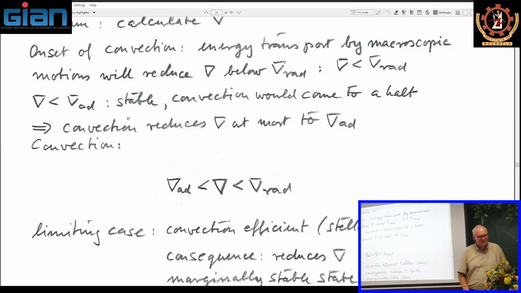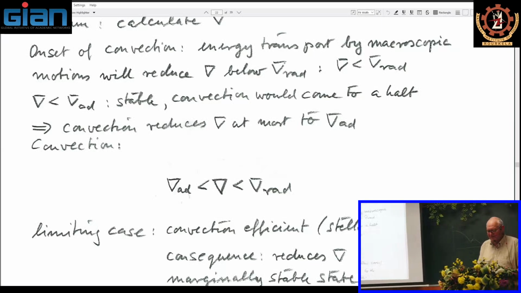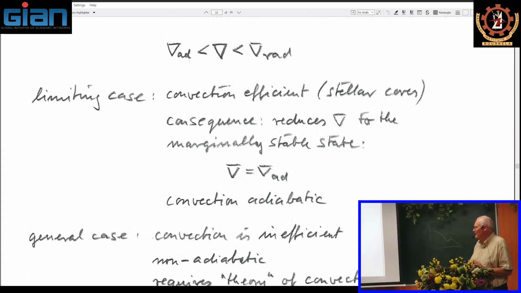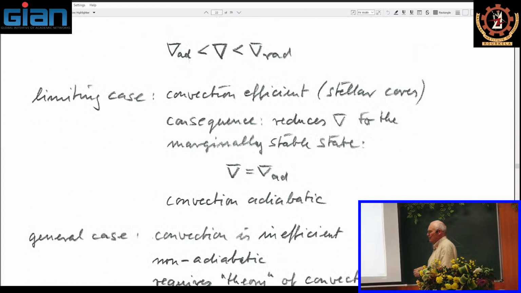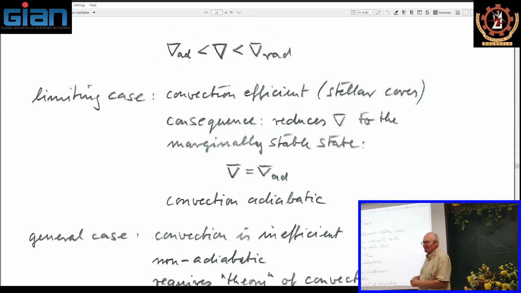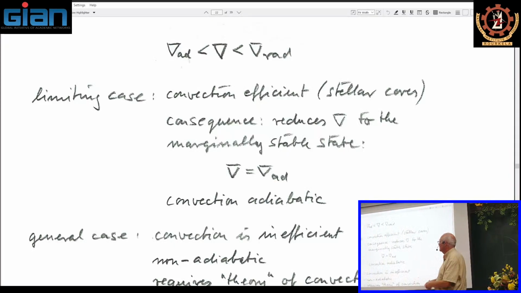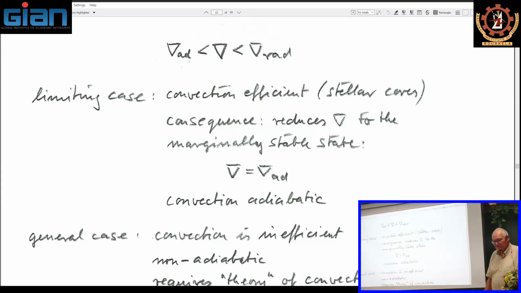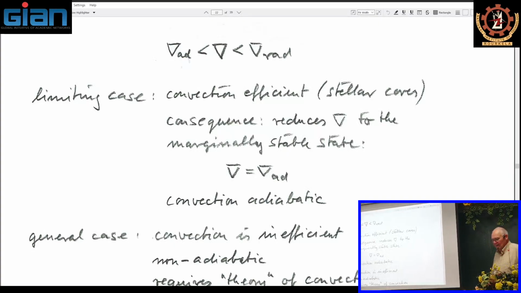So in this case, once convection sets in, we will have nabla equal to nabla adiabatic, and this means the convection is in that case adiabatic. It's called adiabatic convection.